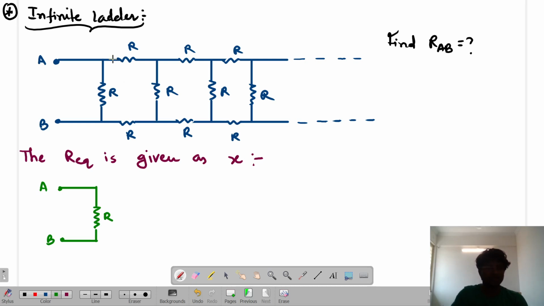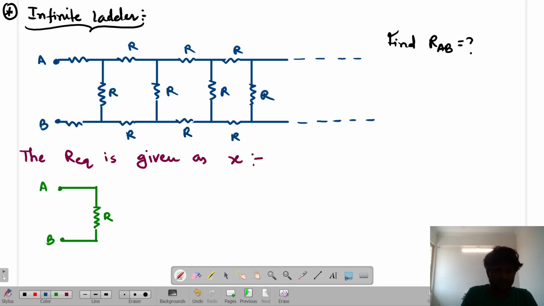Is it going to change anything? Acha, I think I'll have to put the resistors over here also. Okay, let us not think about that. If we put them then only it will look like infinity. So let us put one resistor. Okay, got it?